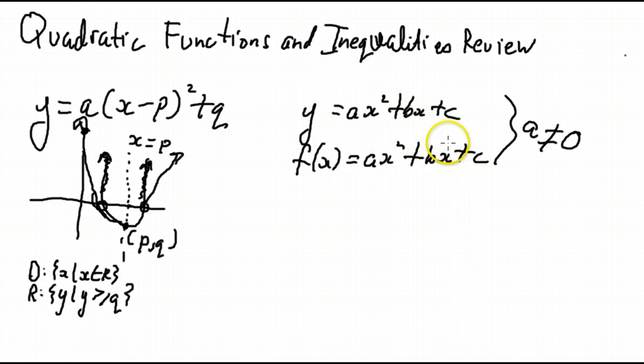B or c could be 0. And it talks about that it opens up if a is greater than 0, it opens down if a is less than 0. The diagrams on page 173 will show all of the relevant information: x-intercepts, y-intercepts, vertex, axis of symmetry, maximum and minimum values.